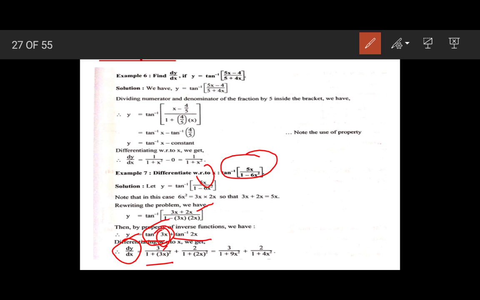So finally I will get 3 upon 1 plus 9x square. Then the derivative of tan inverse 2x will be 1 upon 1 plus (2x) whole square into the derivative of 2x, and the derivative of 2x is 2. So finally what I am getting is 2 upon 1 plus 4x square. So this is the required derivative.